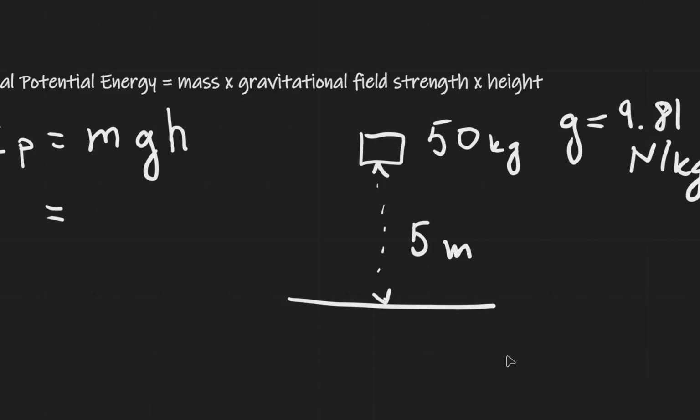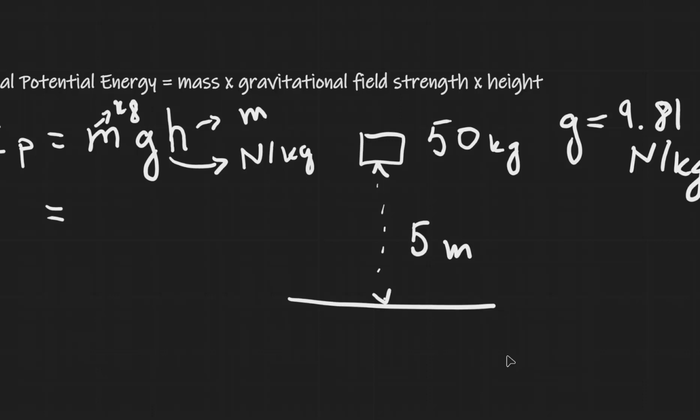But yeah, it will always be given. The mass, by the way, is always measured in kilograms in this equation. So should we just write these down? The height is measured in meters. g is measured in newtons per kilogram. It can also be measured in meters per second squared, which is exactly the same thing. And the potential energy is always measured in joules.